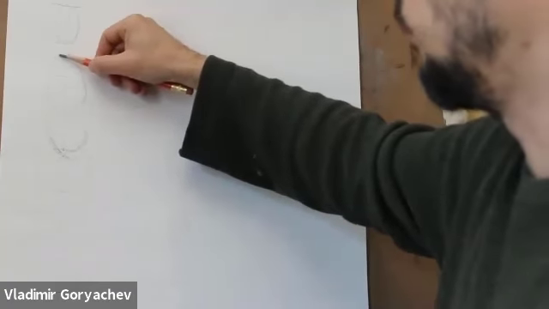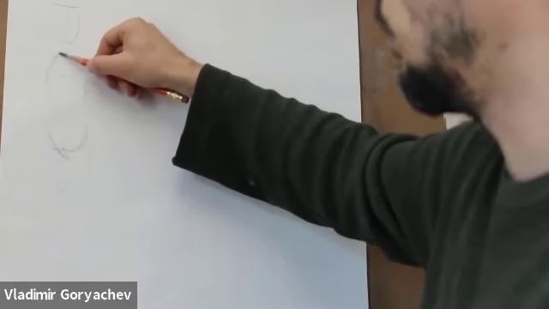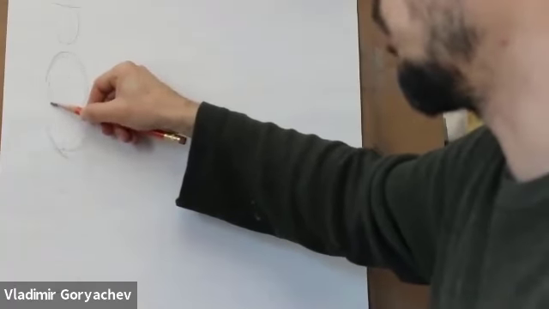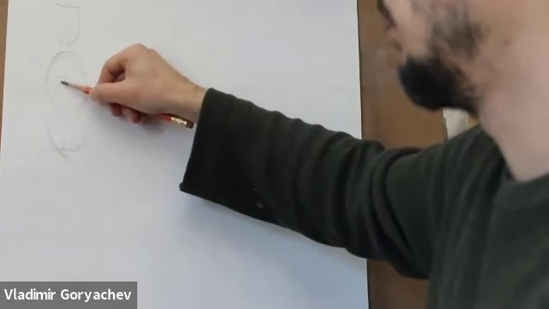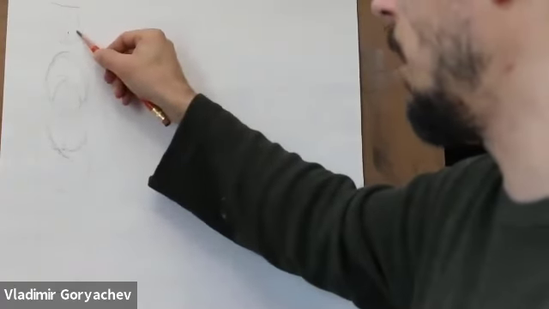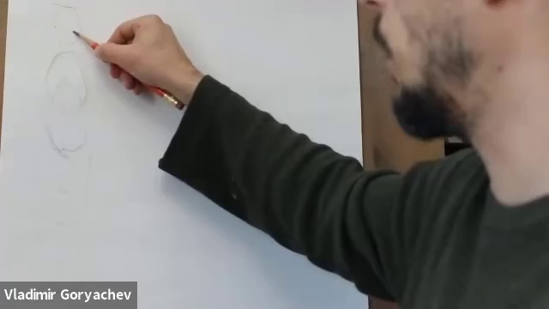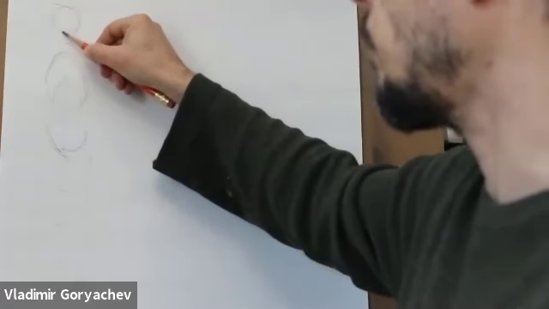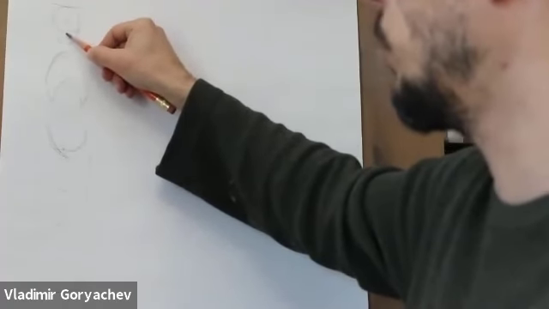There's another way of thinking about the proportions, not with the head as the unit of measurement, but this cranium, the round width of the head, which is 2/3 of the head.